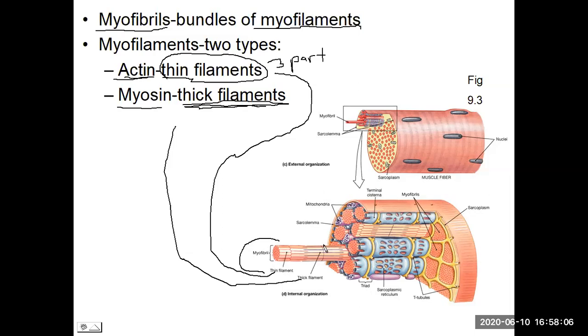But now we can notice that the entire myofibril itself is wrapped in these other features, these other organelles. And that's where we'll touch on the sarcoplasmic reticulum and the terminal cisterna. And let's continue forward.